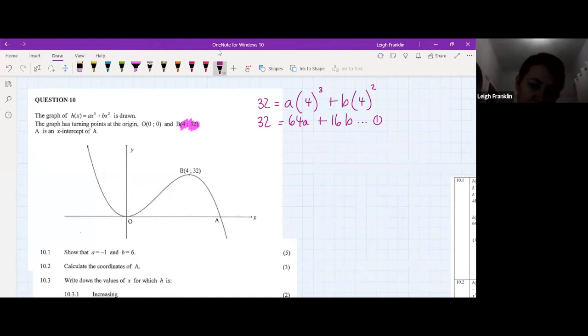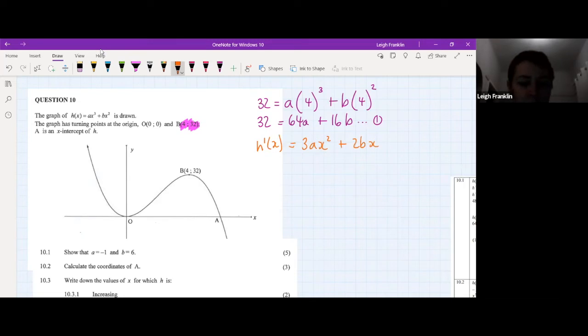Do you want me to say that again? The gradient at x equals 4 is 0. So the first derivative, h prime x, is equal to 3ax squared plus 2bx.